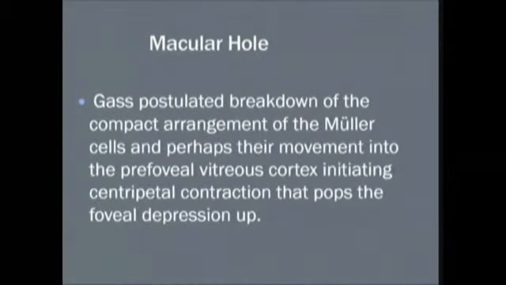So we'll go also to another entity, which is the macular hole. As you know, with macular hole, the pathophysiology is not clear, but it has been postulated that there is a breakdown of the compact arrangement of the Müller cells, and perhaps their movement into the perifoveal vitreous cortex, initiating the contraction.